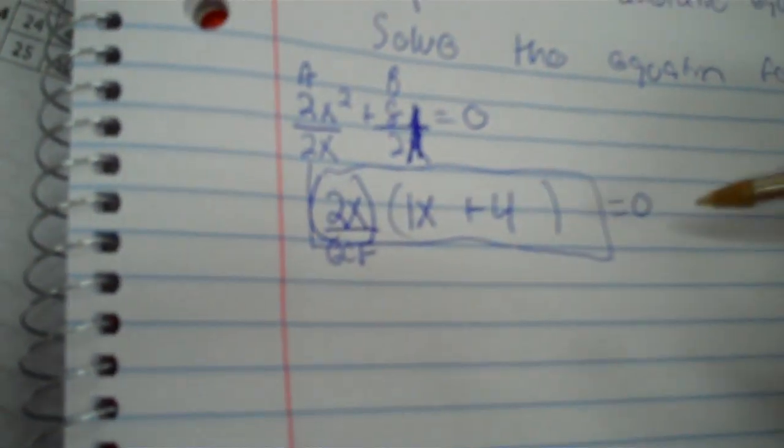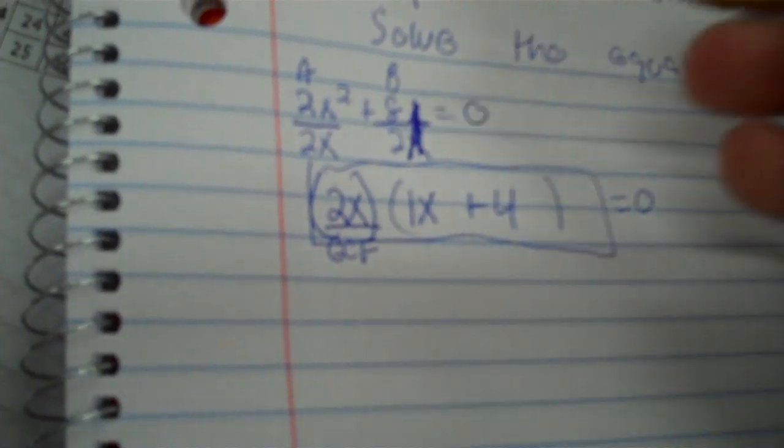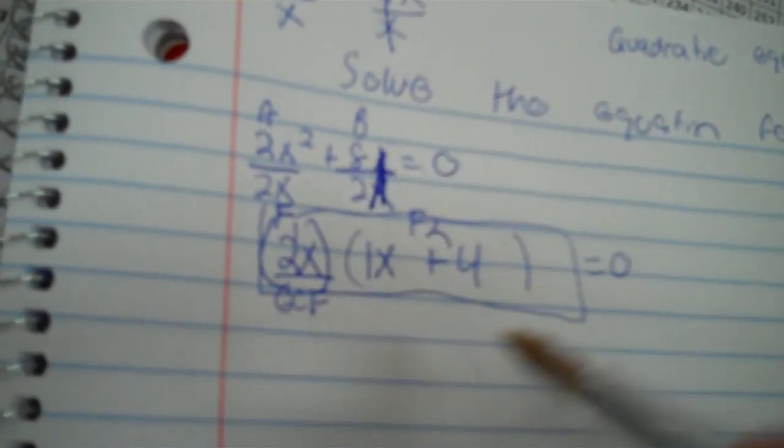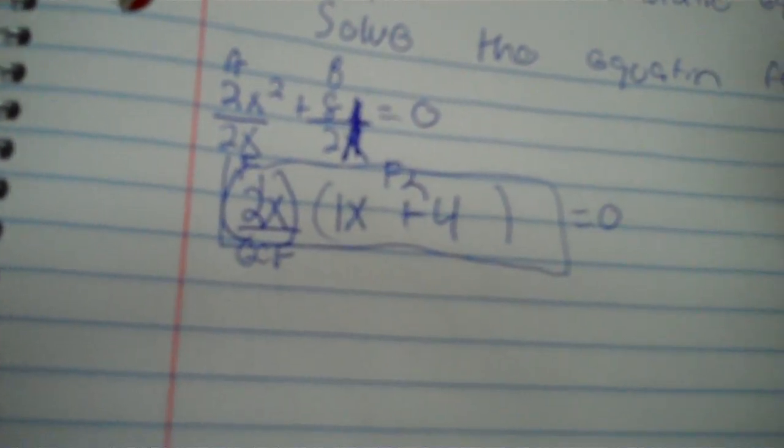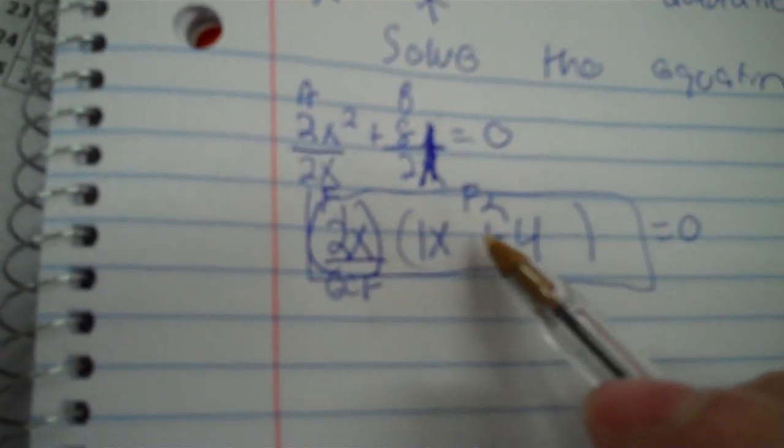Now here's what that accomplished. I've separated the equation, put F1 and F2. This stands for factor 1, this stands for factor 2. You set each one of those equal to 0, because this times this equals 0.